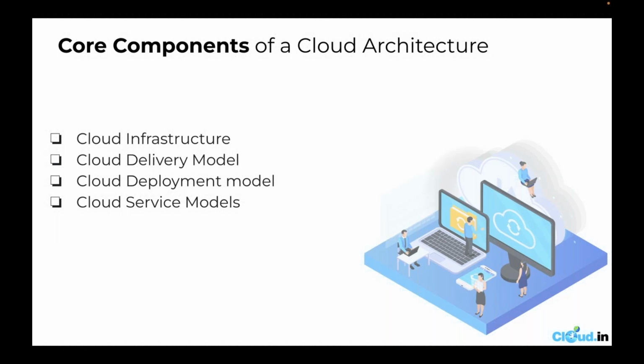And the main part of the front end we can consider here is the user interface or the UI, whereas the network and the computer system of the client that is used to access the cloud system from the client side.